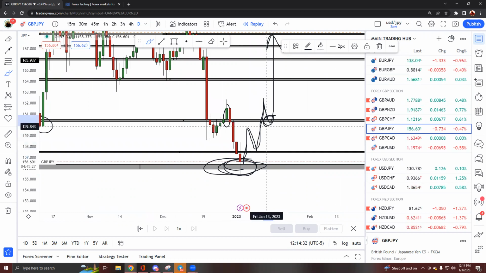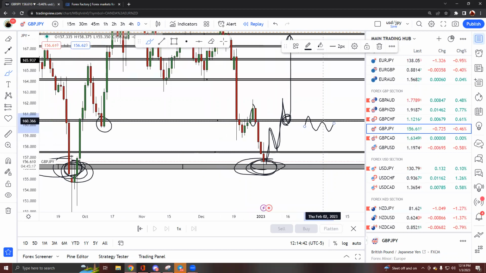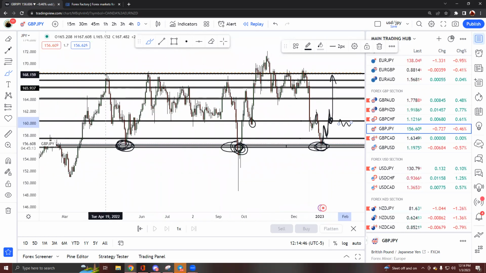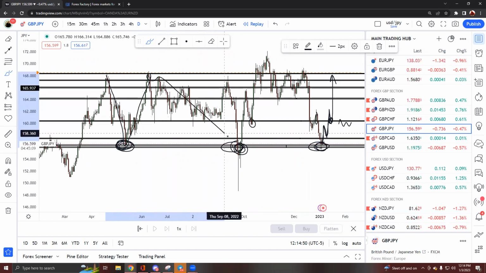Once it breaks above this level, I feel it's going to keep on pushing up. If it breaks back above this level here around 160.39, it could continue back in that uptrend in this somewhat kind of range. Because we do see a somewhat range here, going back up here, then coming back down, then going back up, then coming back down.